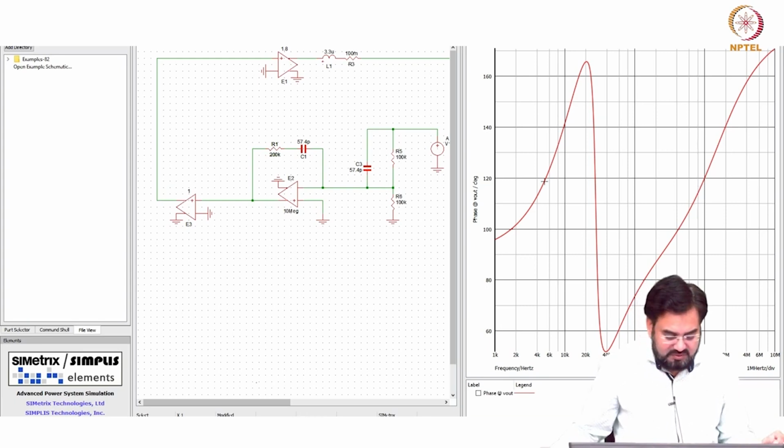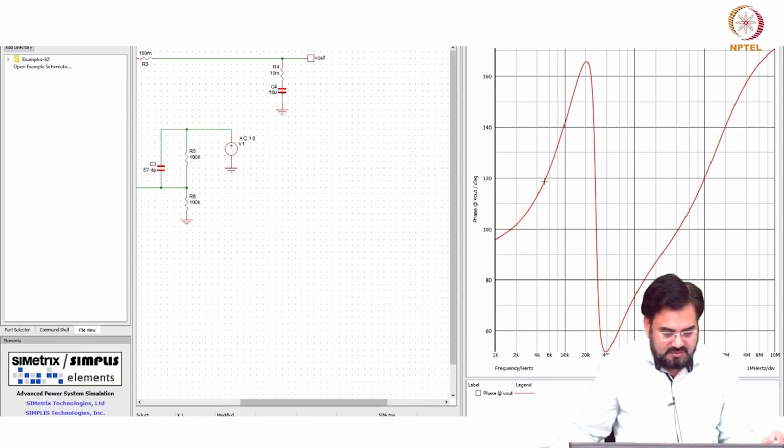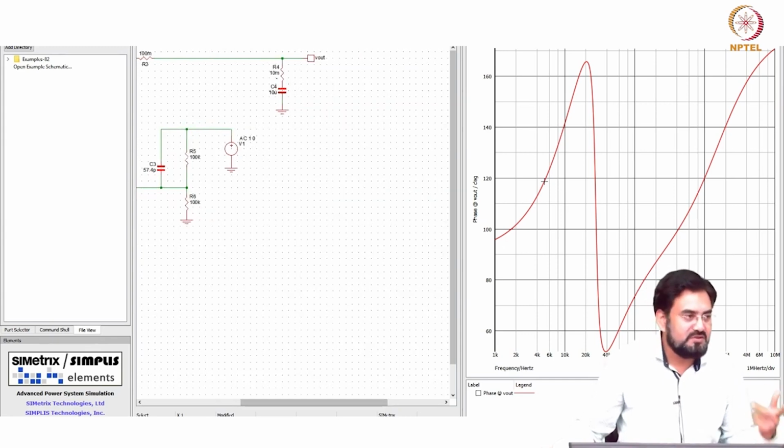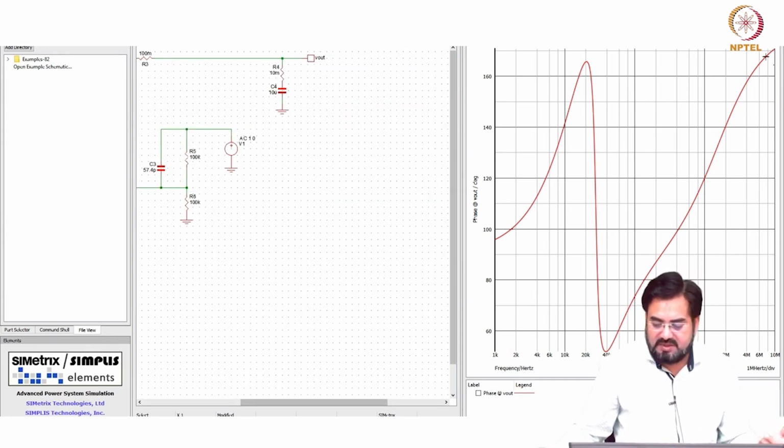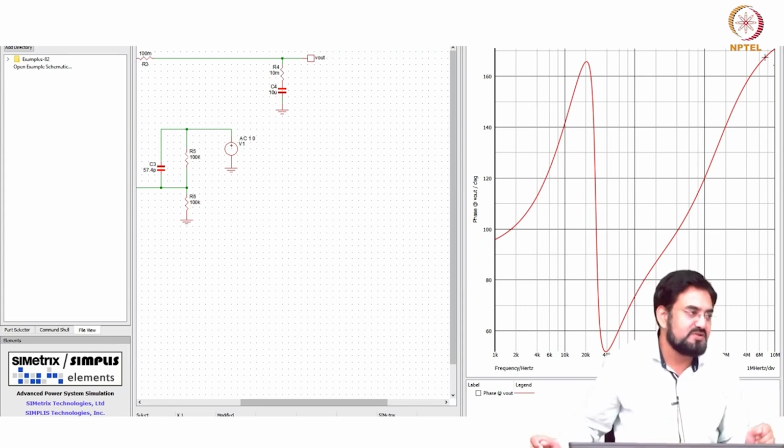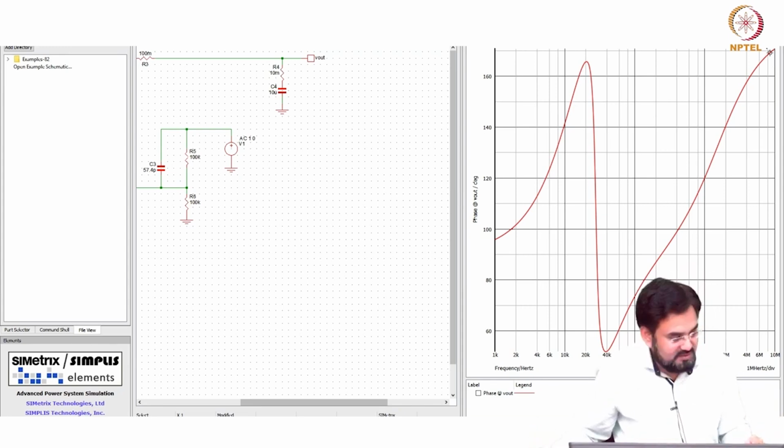Yeah, RESR will also come. So at very high frequency, that zero will also cause this. So at infinite frequency, you can see it will go to plus 180, and that is why it is rising actually.